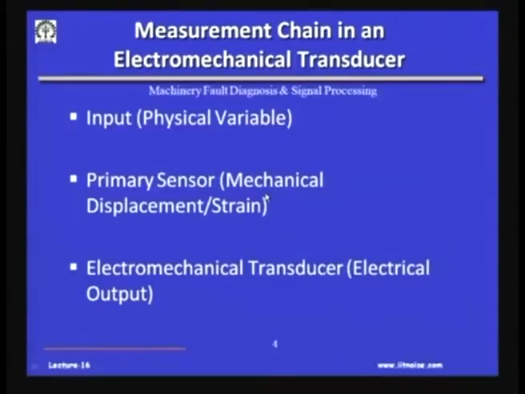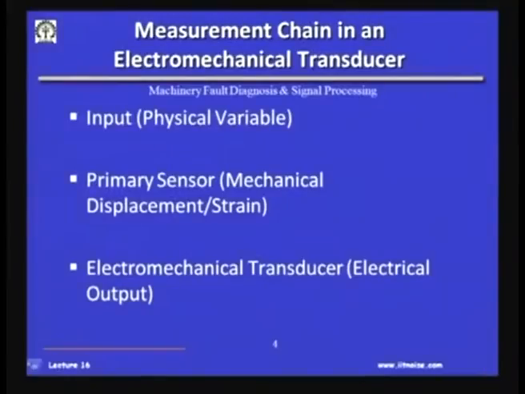It was that membrane which deflected, and on that membrane I had kept a strain gauge, I could have kept piezoelectric crystals. That was my primary sensor, and then I will get an output which corresponds to the deflection of this sensing element, strain gauge or piezoelectric crystal, and finally, I will get an output. So, everything put together is an electromechanical transducer. Okay. So, now a transducer is a little bigger superset of the sensing element.